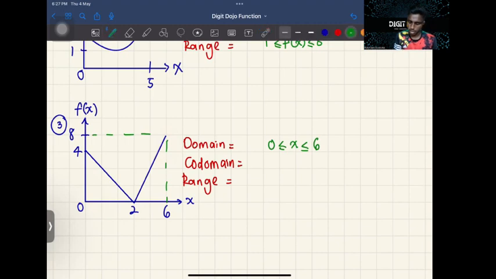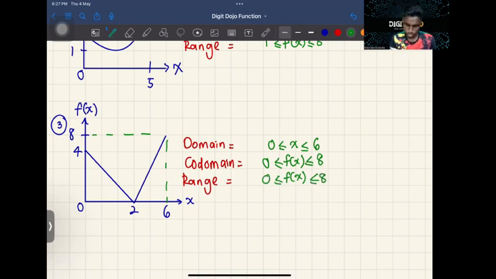And how about the codomain? f(x) more than or equal to what's the lowest of the graph? The lowest point of the graph is 0 as well. What is the highest point of the graph? It's 8. So f(x) is more than or equal to 0, less than or equal to 8. And the range will be the same as the codomain, 0 less than or equal to 8.